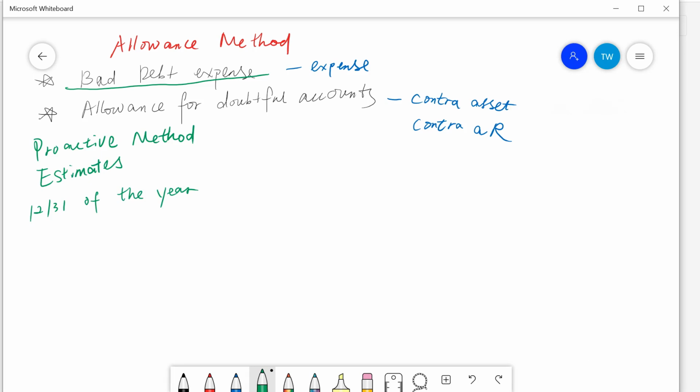Okay, and there are two ways to estimate. Since we're talking about estimates, there are two ways that you're learning in this chapter. One way is called percent of sales method. The other one is called percent of accounts receivable method.